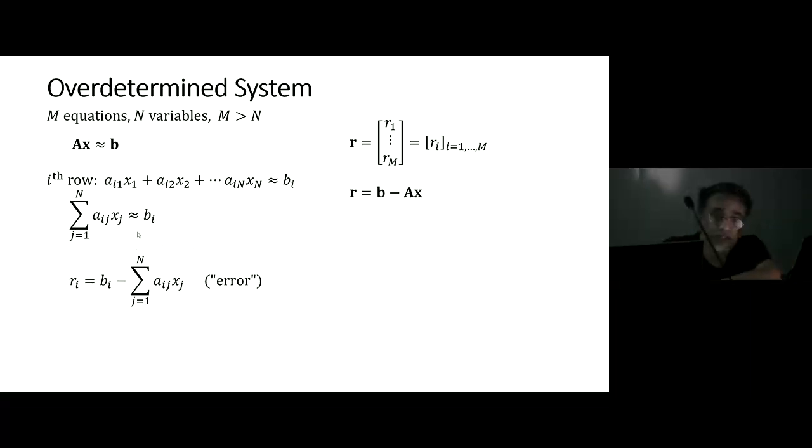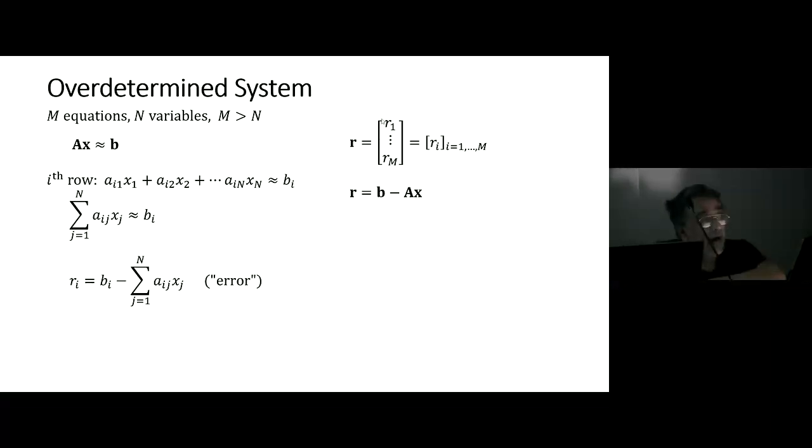Okay, this is where we are. And so let's take the difference between the two, Ri. We would like to make the absolute value of Ri as small as possible, correct? So Ri is the error, also called the residual. I'll just call it the error. So this is the error between bi and summation aij xj.